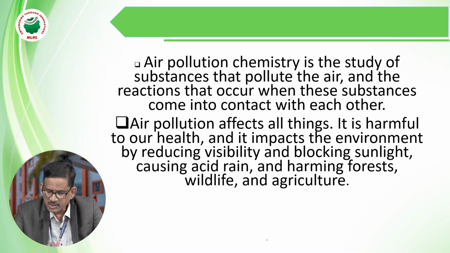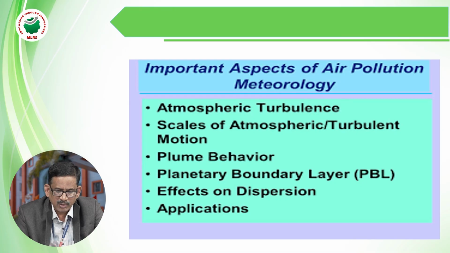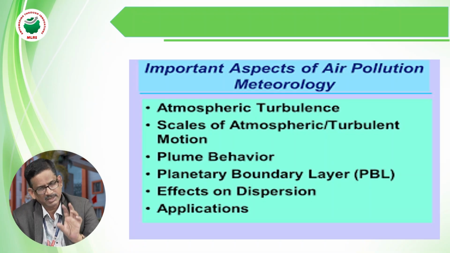What is the atmospheric boundary layer? These are the things we have to discuss, and meteorology also. What is the plume behavior, what is the planetary boundary layer, what are the effects on dispersion, and what are the applications? Dispersion means the air pollutants are dispersed in some medium.